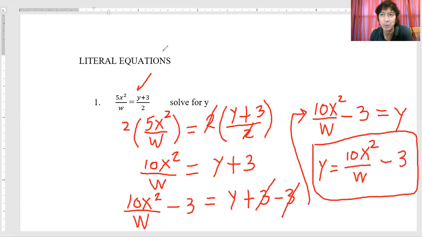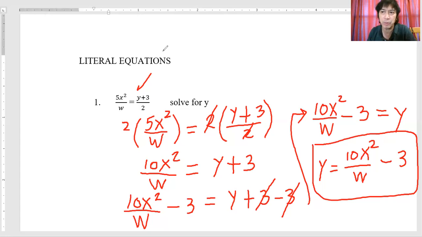Okay, so that goes to our first number. Let's have the next. Okay, so you study how to identify what steps. It's only very limited steps. It's either use addition to simplify, subtract to simplify, multiply to simplify, or divide to simplify. And it can be in series, or sequential.